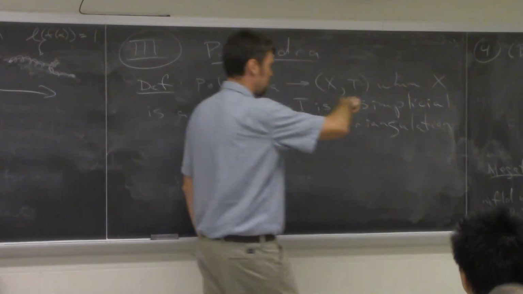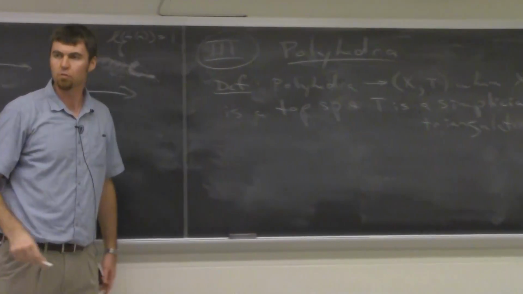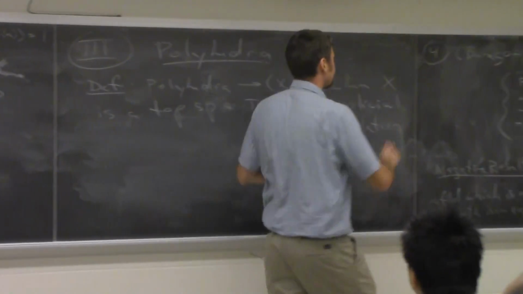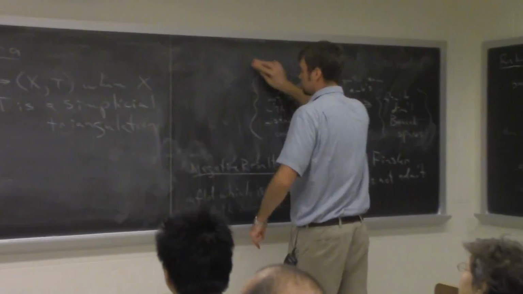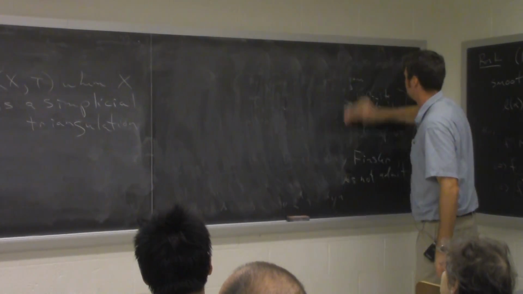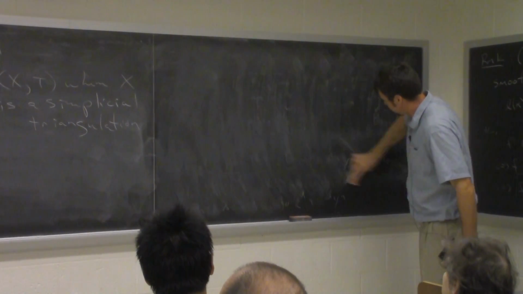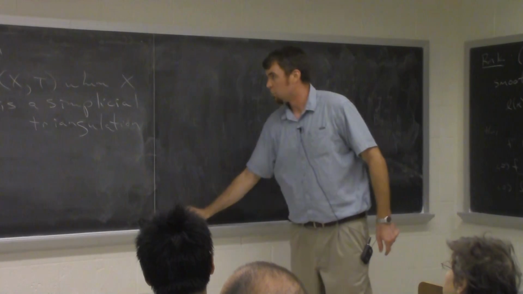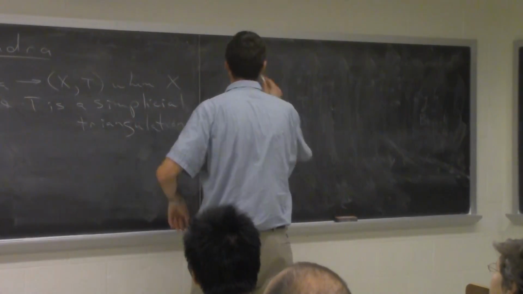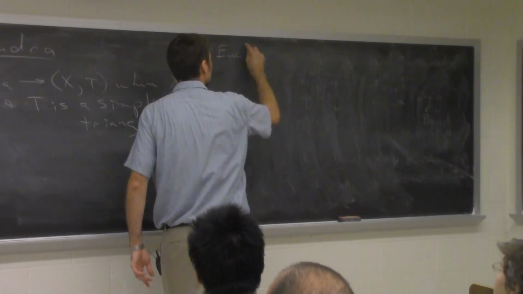And of course, then I want to put piecewise flat metrics on such things. That's where we're going here. And so, two classes of piecewise flat metrics that I want to look at here. The first I'm going to call Euclidean polyhedra.